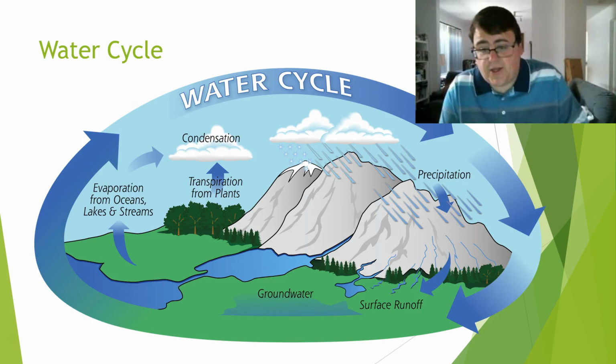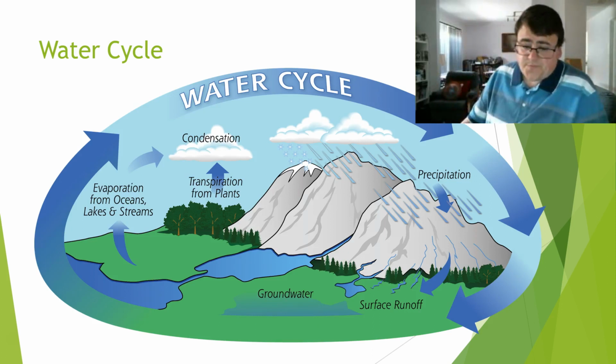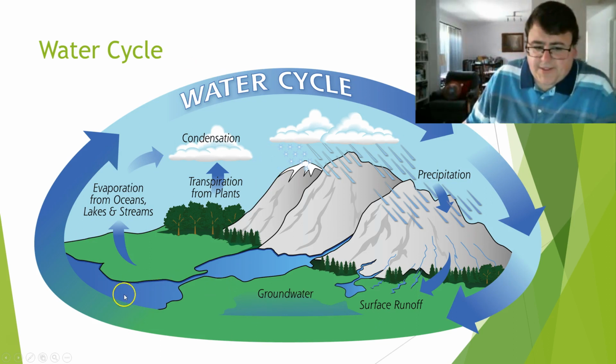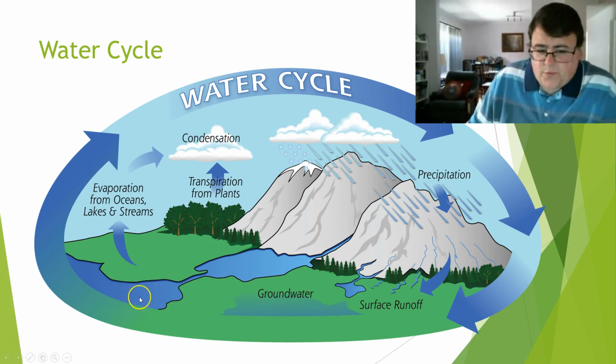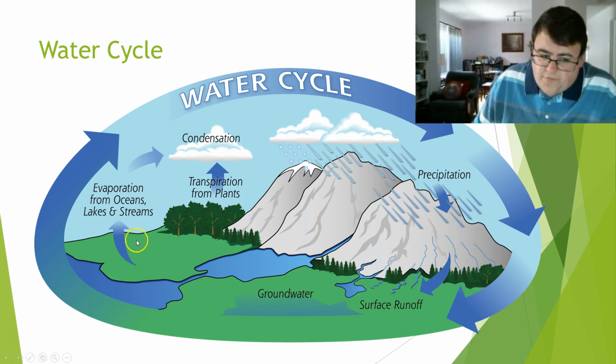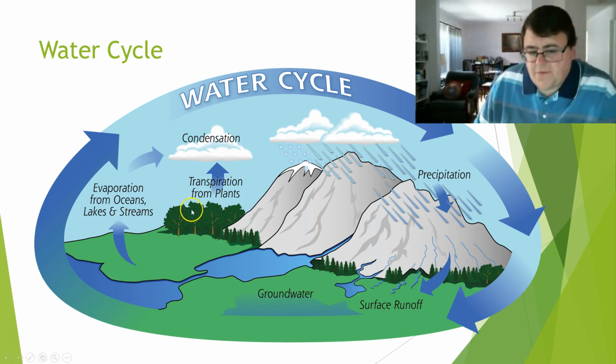So if we look at a diagram of the water cycle and how it's constantly moved around, let's say we start in the groundwater here. We're going to have that water moving through the soil, animals coming to drink that water, and eventually from the plants and the animals, the water will start to evaporate.